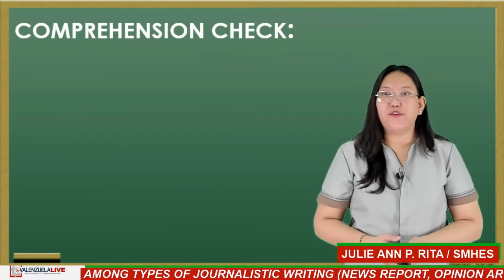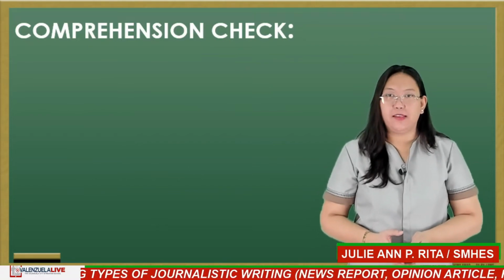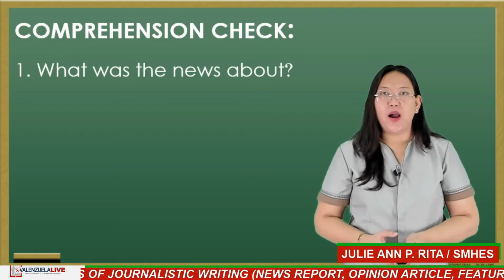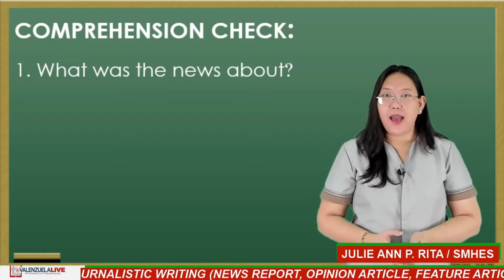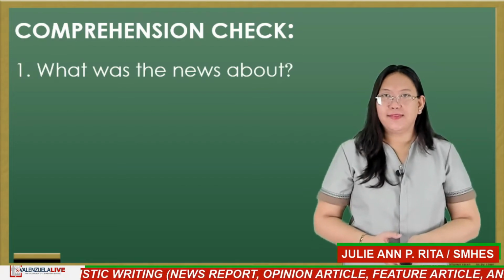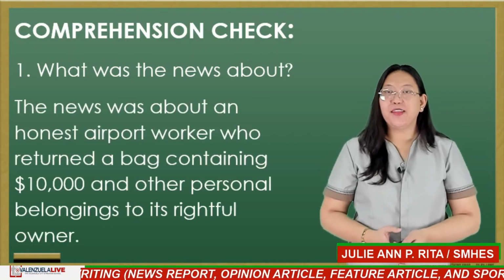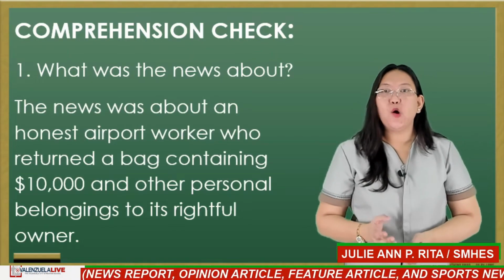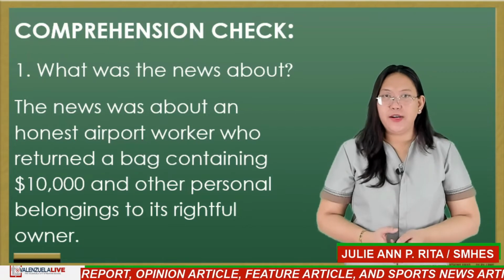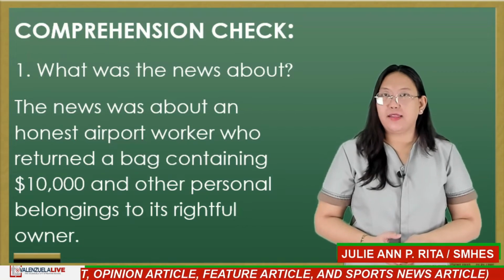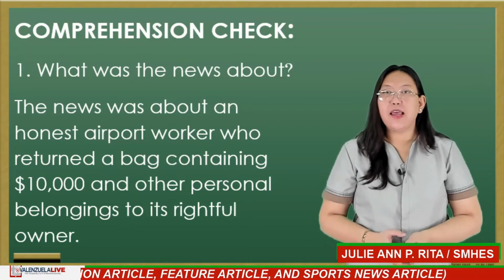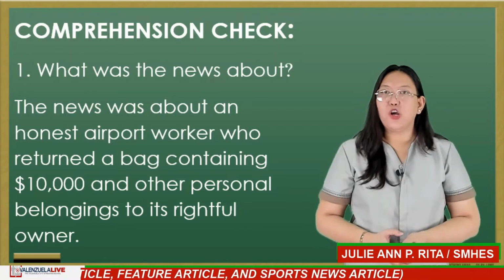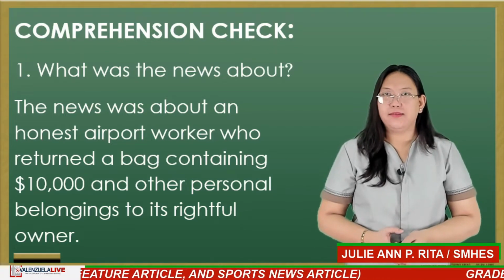Try to answer the following questions about the article. Number 1. What was the news about? Fantastic! The news was about an honest airport worker who returned a bag containing $10,000 and other personal belongings to its rightful owner.